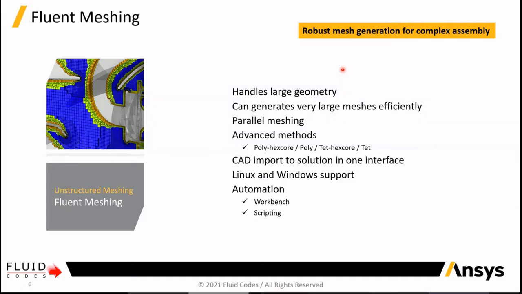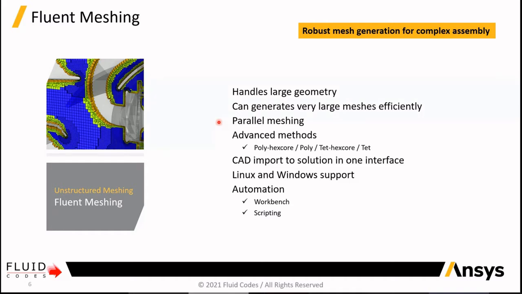When we are talking about robust mesh generation and the capability to handle large geometry, that means we can generate very large meshes efficiently. So we can exploit parallel meshing a lot. In the past this was a bottleneck, if you're already familiar with the Ansys tools for mesh generation.